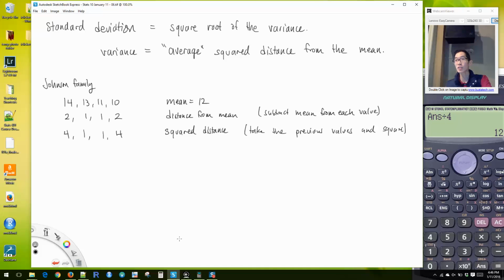Yay, so far so good? Okay, all right, and so when we say the quote-unquote average here, the average squared distance is going to be equal to, add them up, and instead of dividing by n, we're going to divide by n minus 1. This is a weird thing that we do, and it's known as Bessel's correction, but we're just going to say add them up, and instead of dividing by n, you divide by n minus 1.